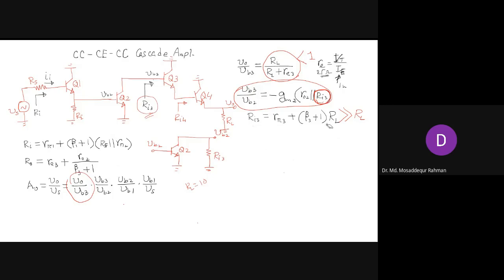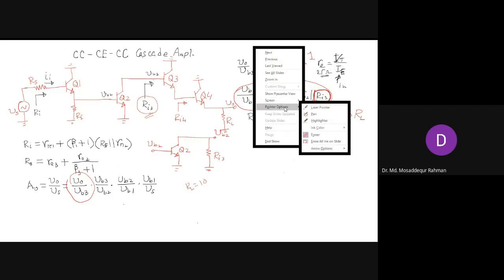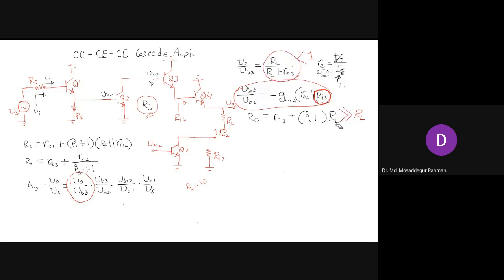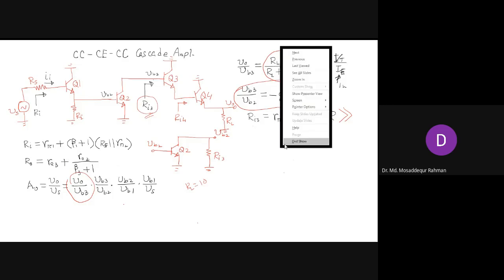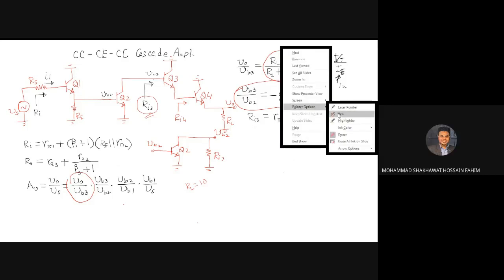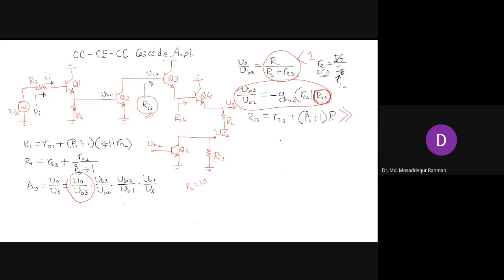So the Ri3, instead of RL, will not have RL, rather we'll have Ri4. Right, we'll have Ri4. And this combination will be much greater than RL.